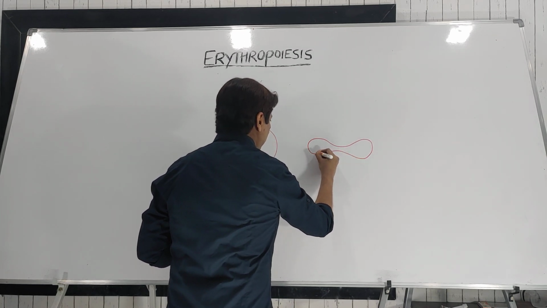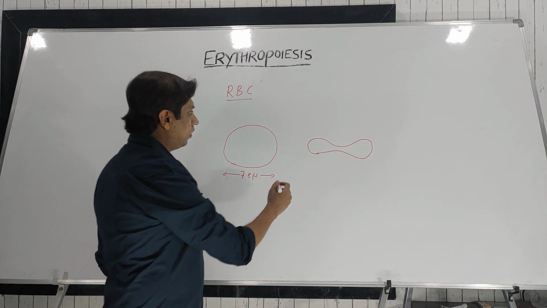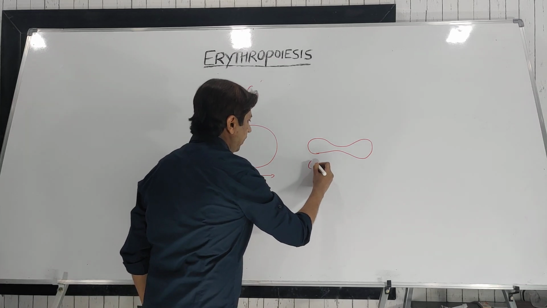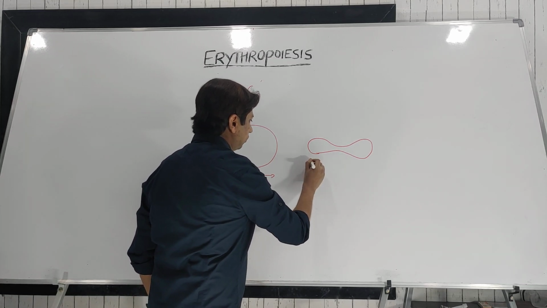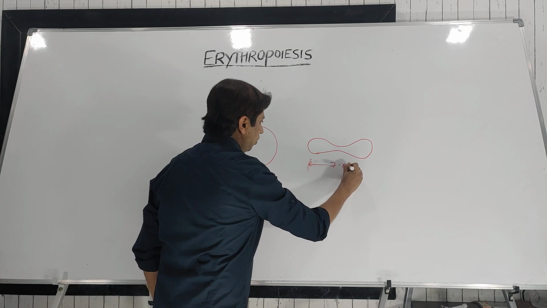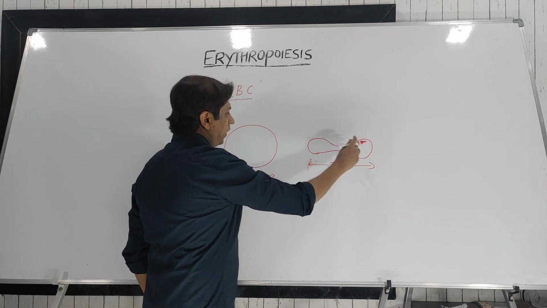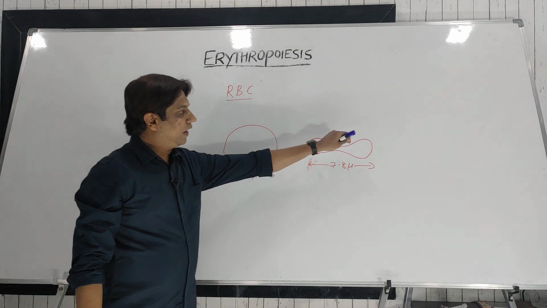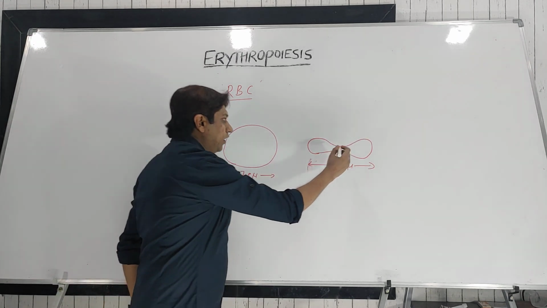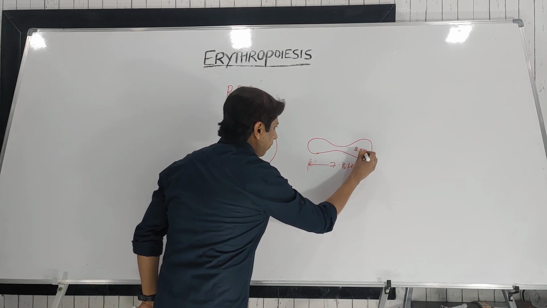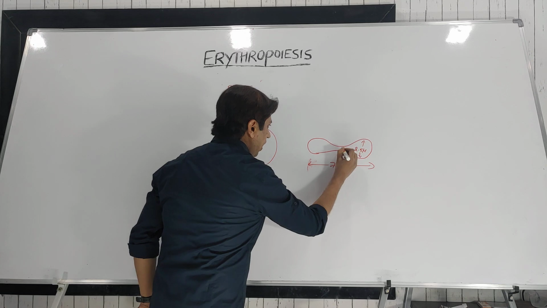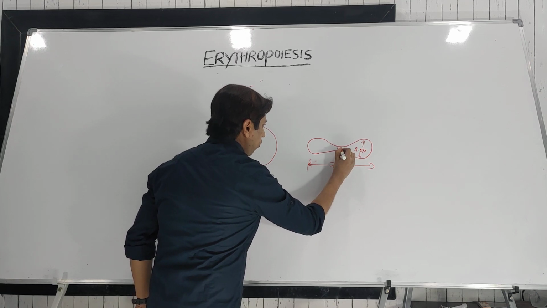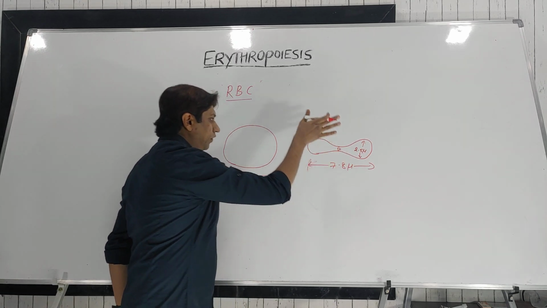As I said, the diameter is around 7.8 micron. And it is thickened at the periphery, with a thickness of around 2.5 micrometer, and in the center it is around 1 micrometer. So this is from this side.